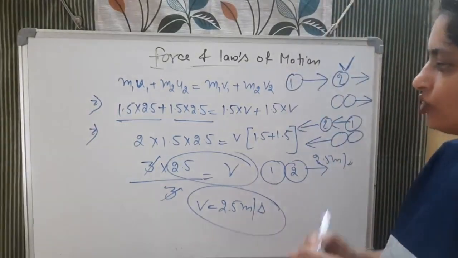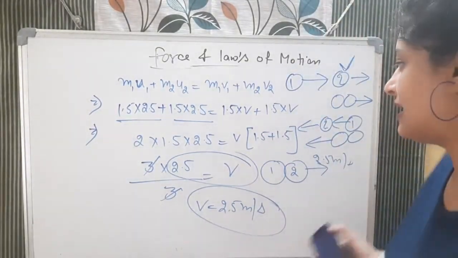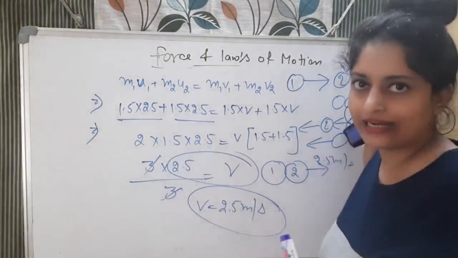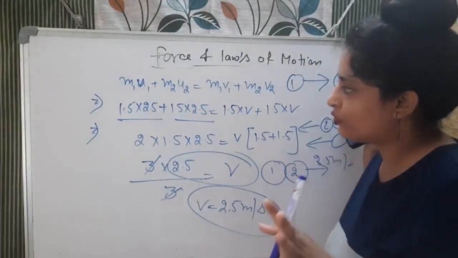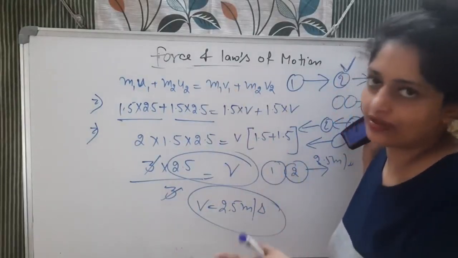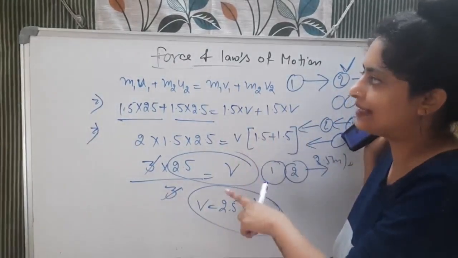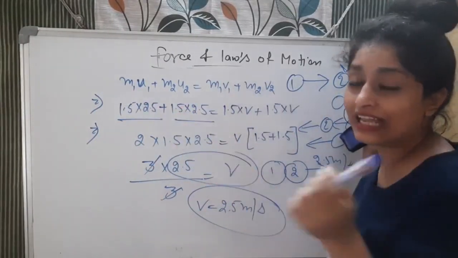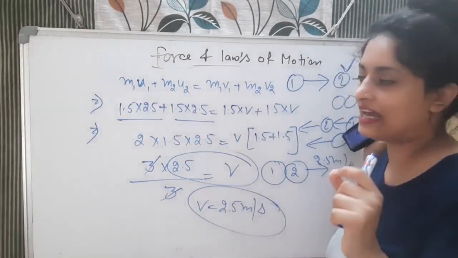But in our question, see, I told you this will be the answer, but this is not the answer. I just tried to make you understand that direction is very important. In this question, they were not going in the same direction, this side or that side; they were coming in opposite directions.